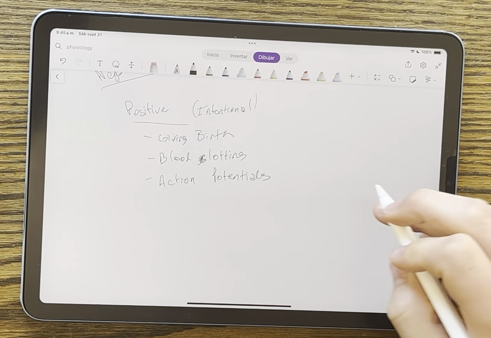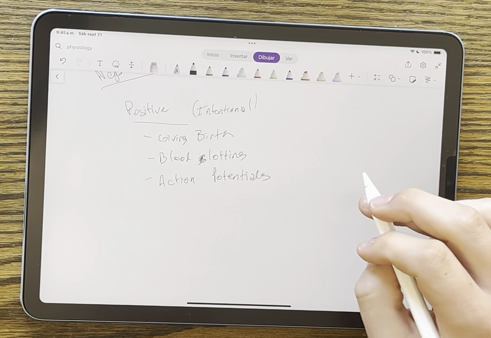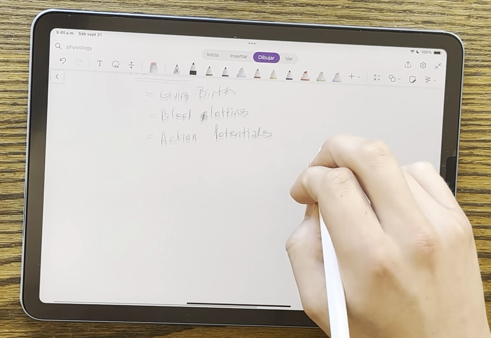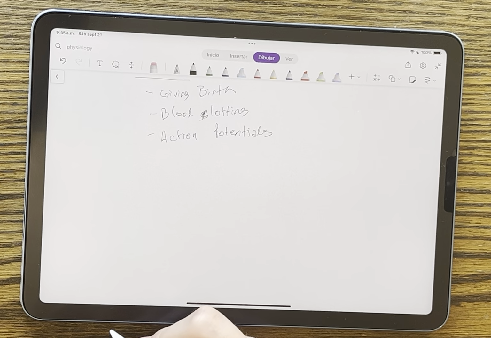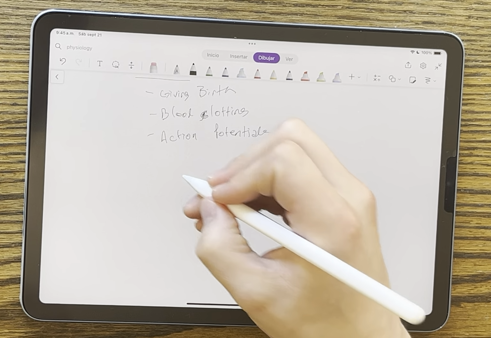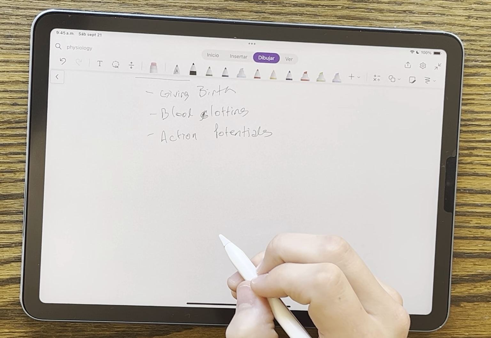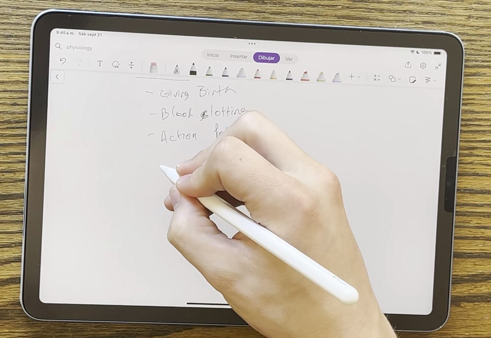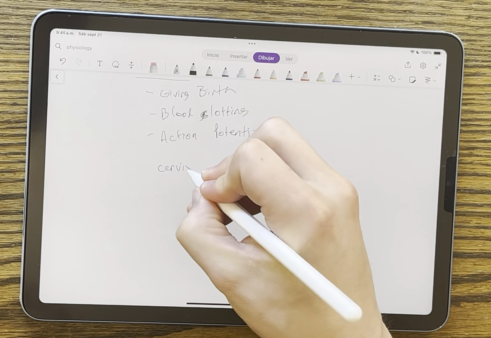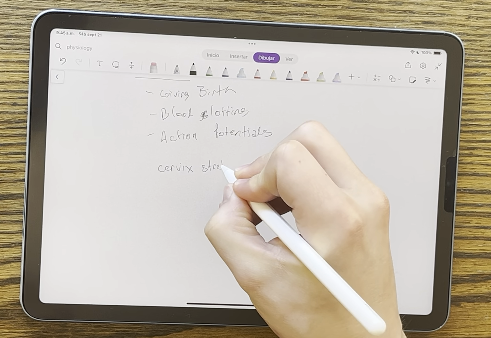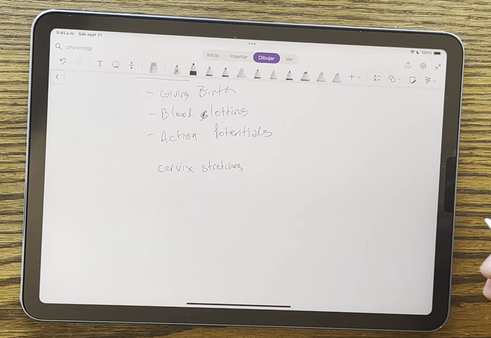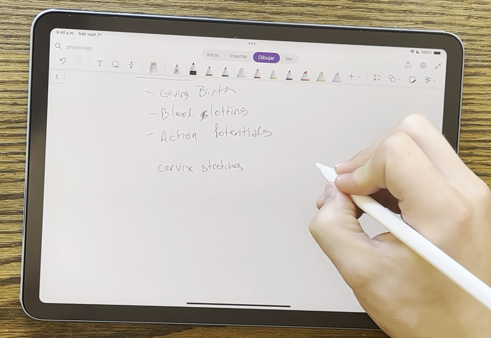So let's go through the reflex control pathway again for giving birth and blood clotting. As a woman gives birth, as she starts to have contractions, the cervix starts to stretch. The cervix stretching is your stimulus.